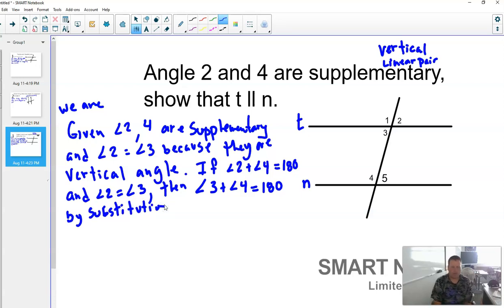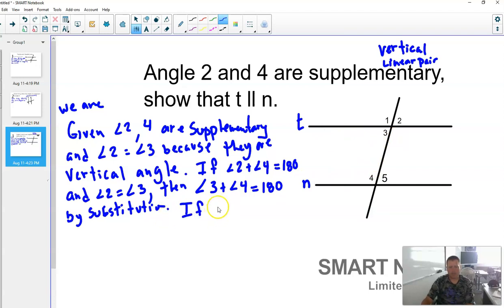Okay, so I'm just substituting that. And then because 3 and 4 are supplementary to each other and they're consecutive interior angles, then I conclude that those two are parallel. So I'm going to do one more if-then statement.